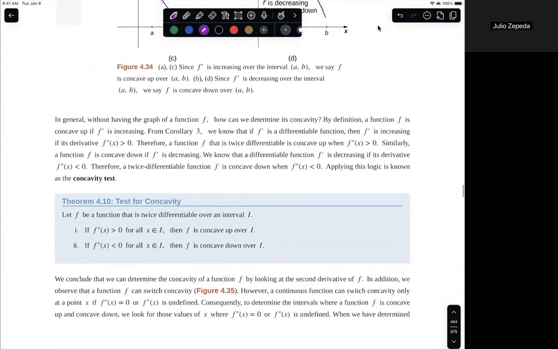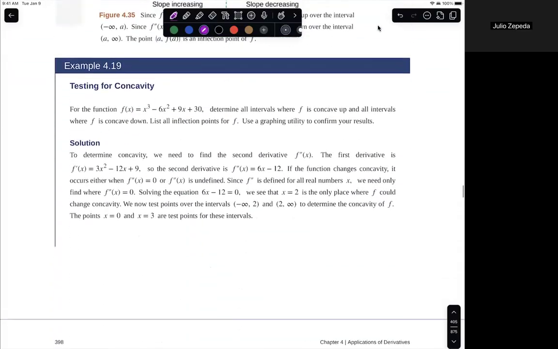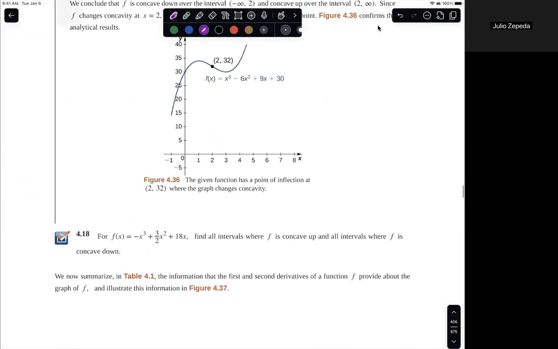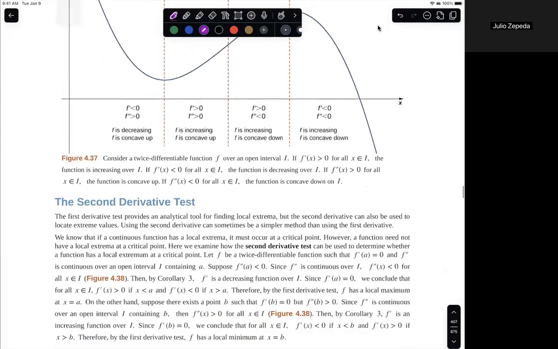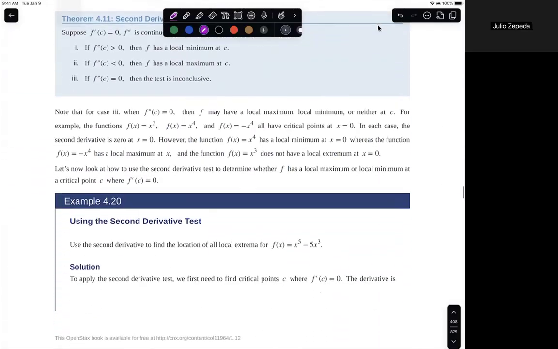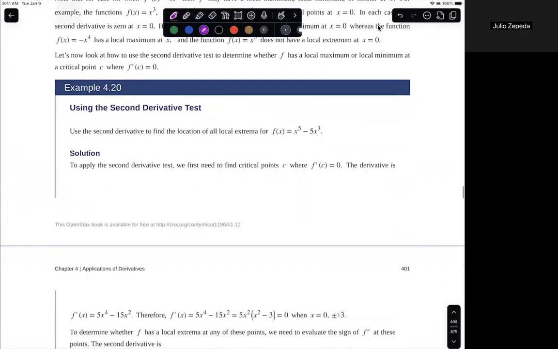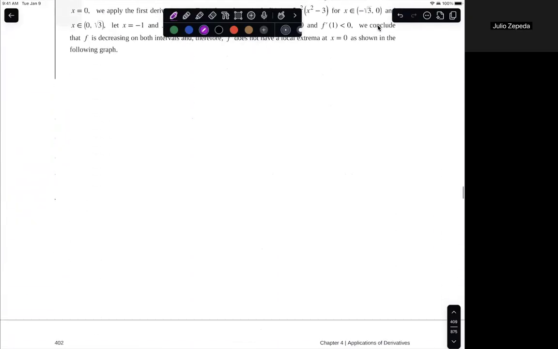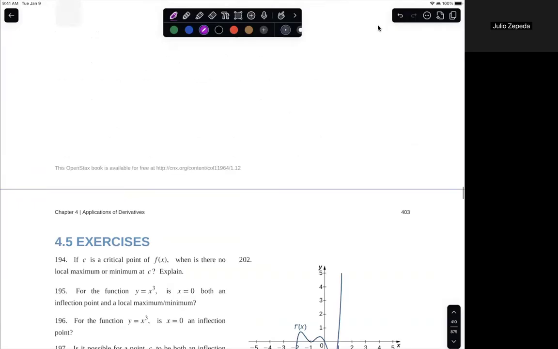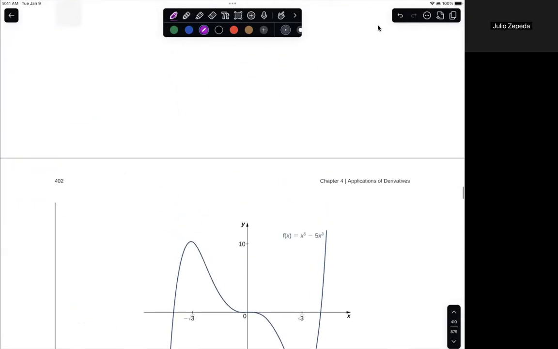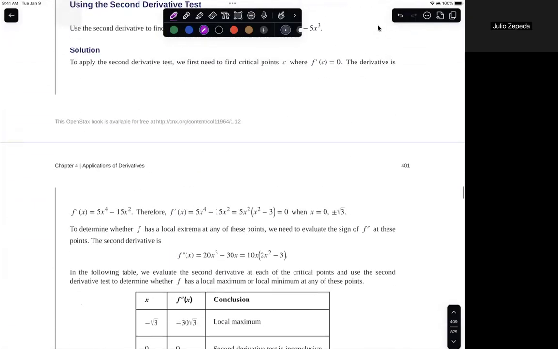So the first derivative test can be used. Now, let's say one more thing about the second derivative test.